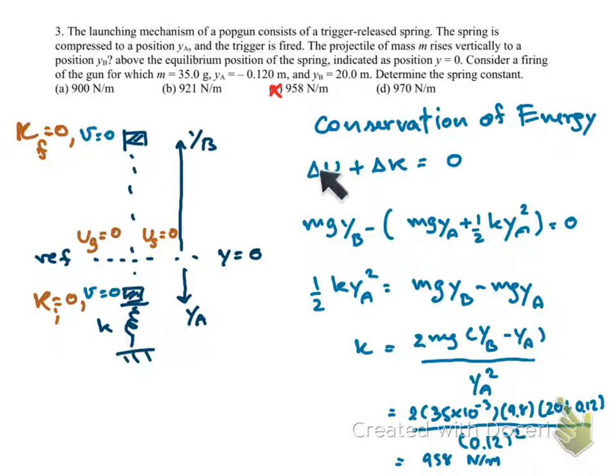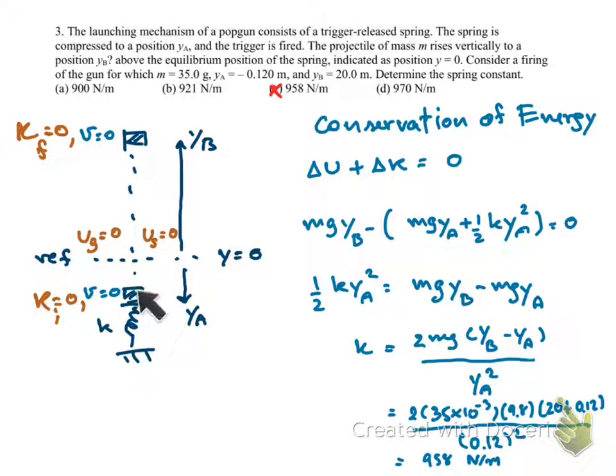Now, what is the delta U? The final gravitational potential is mgyb because we use the reference point here, and the height here is yb, and the initial potential energy is the summation of the gravitational potential and the elastic potential.